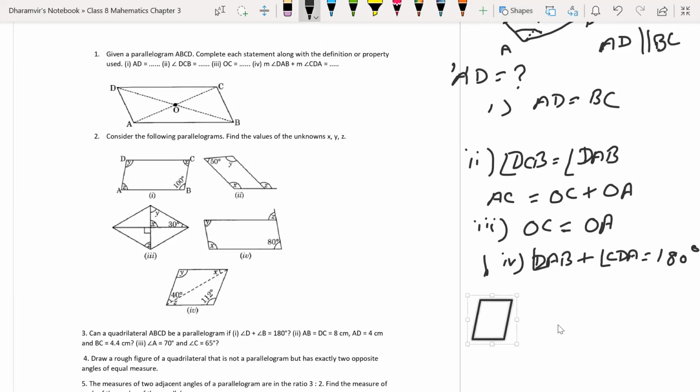This is a parallelogram. Let's write down D, C, A, B. This is the first part, Figure 1.